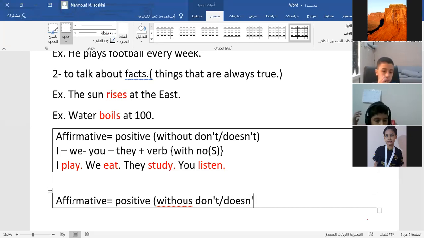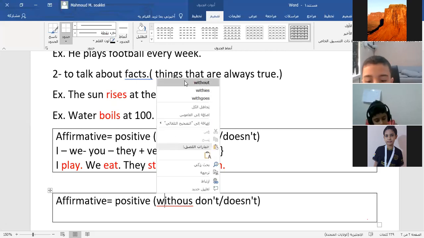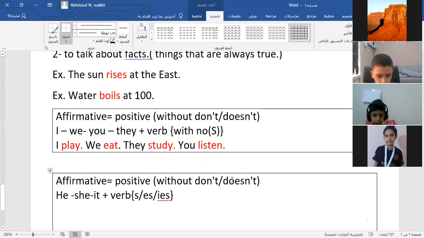This is called an affirmative sentence. The general rule says use he, she, or it plus verb plus s or es or ies. Let's take examples to understand this rule.